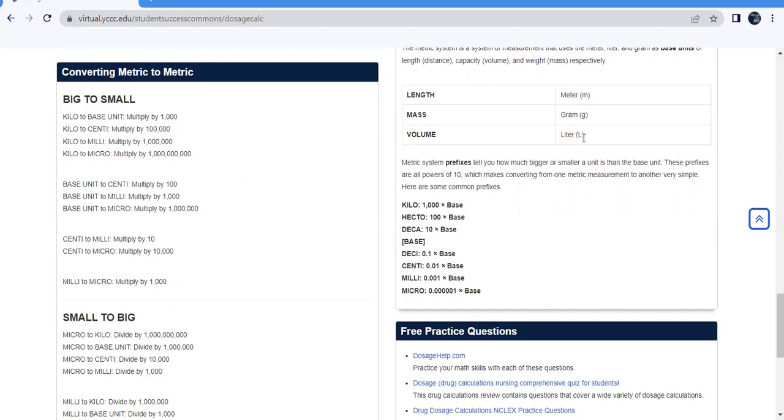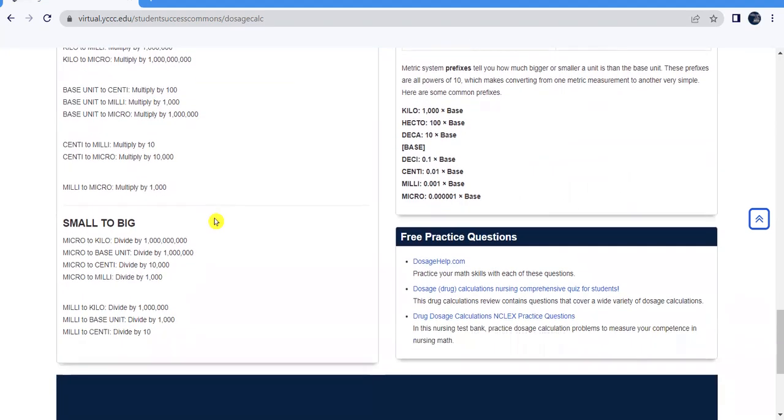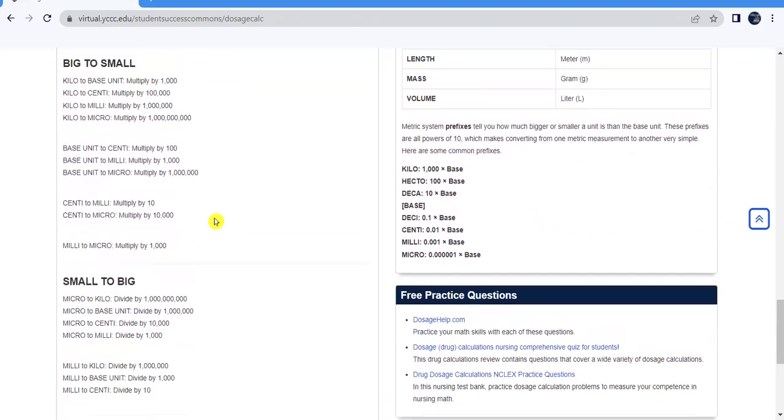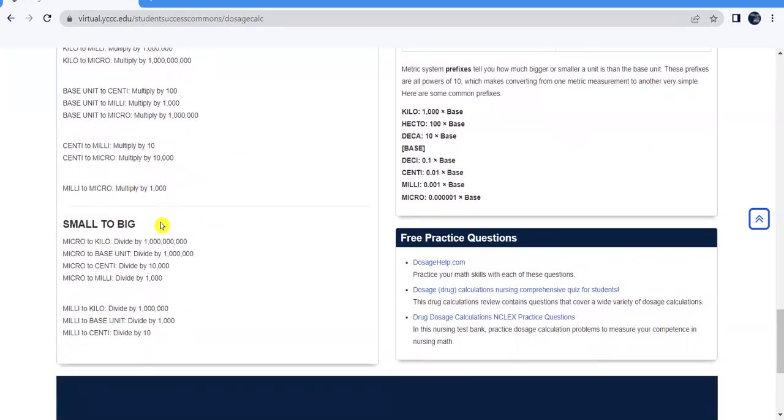Let's say you had liters and you needed to go to milliliters. Well, liters is a base unit, so you're going to go from the base unit to milliliters. To do that, you multiply by 1,000. I swear that was a coincidence. Let's say you had micrograms, and you needed to go to kilograms. So I have micro to kilo, microgram to kilogram. You'd have to divide by 1,000,000,000 to get that to work.